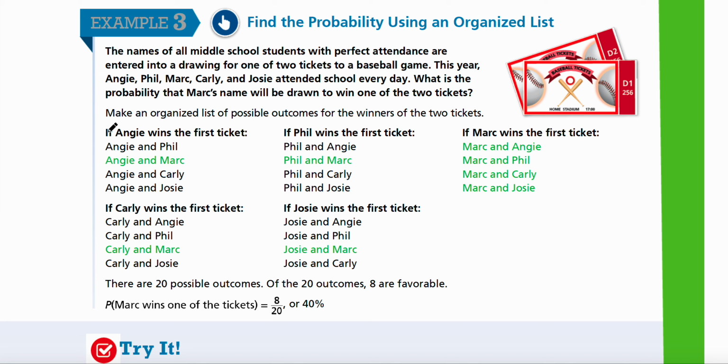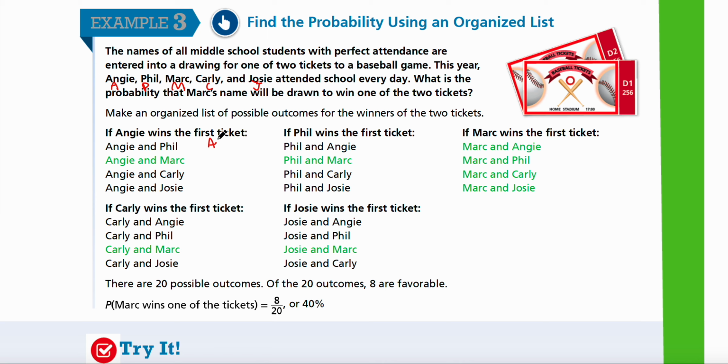Angie may win the first ticket, and then the next ticket would be the other people. If Phil wins the first ticket, you can have all the other ones like that. Mark, and then all the others. So you can use acronyms to simplify your outcomes, your list, and it's convenient that they all have different acronyms, right?